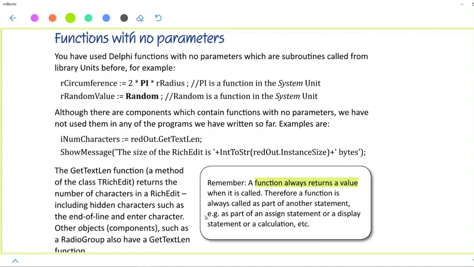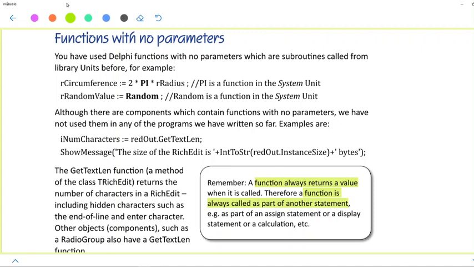The second one, and it's very important to remember, is that a function is always called as part of another statement, whether that is into a variable or into a property of a component. So it cannot stand on its own as a procedure would.